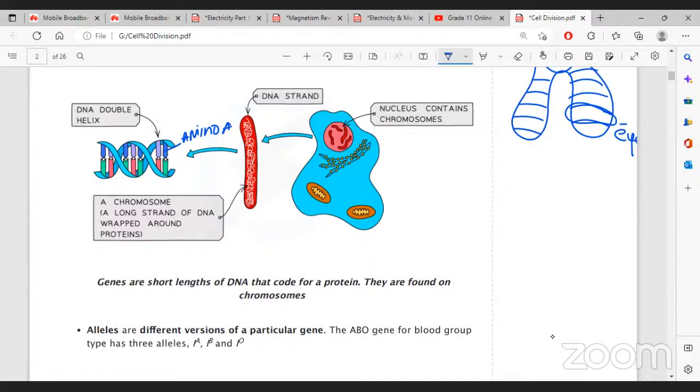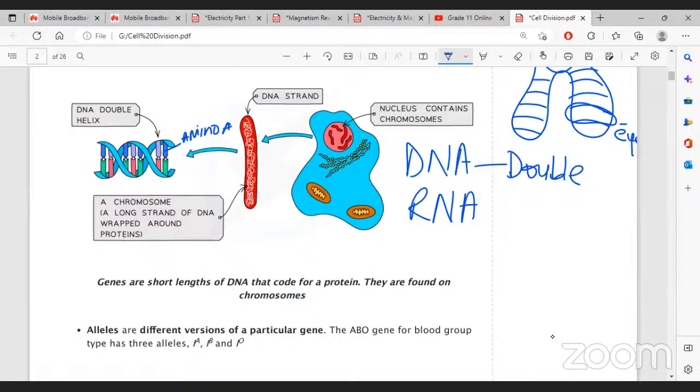Now, when it comes to genetic information, you've heard of DNA and RNA, isn't it so? DNA is usually double stranded because that is where our genetic information is coded.